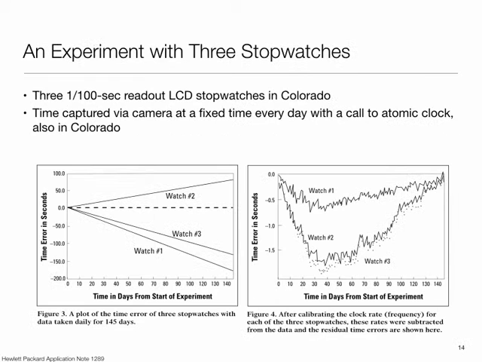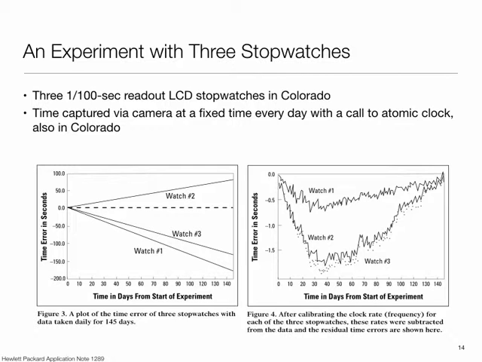To show how clocks drift, this is an example of some data from, I think, Hewlett-Packard. There are 3 LCD stopwatches, the type that you can commonly buy in the market.